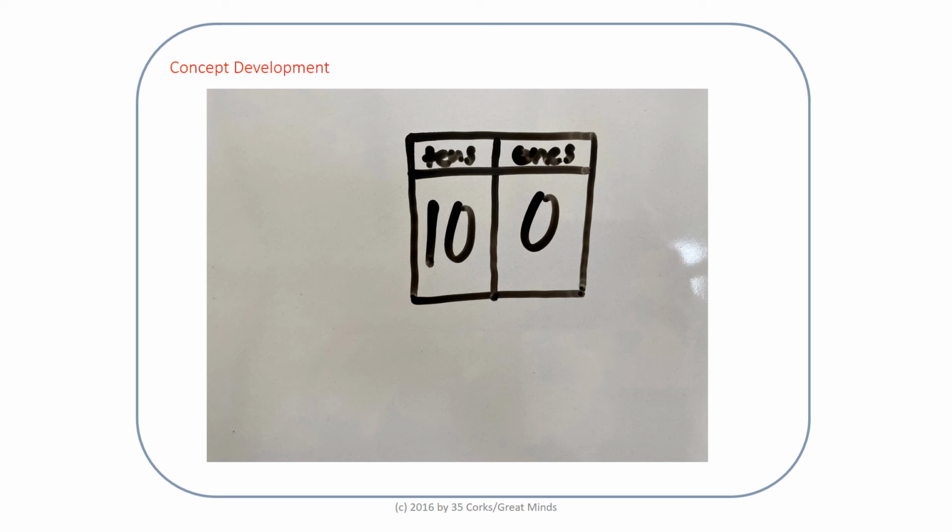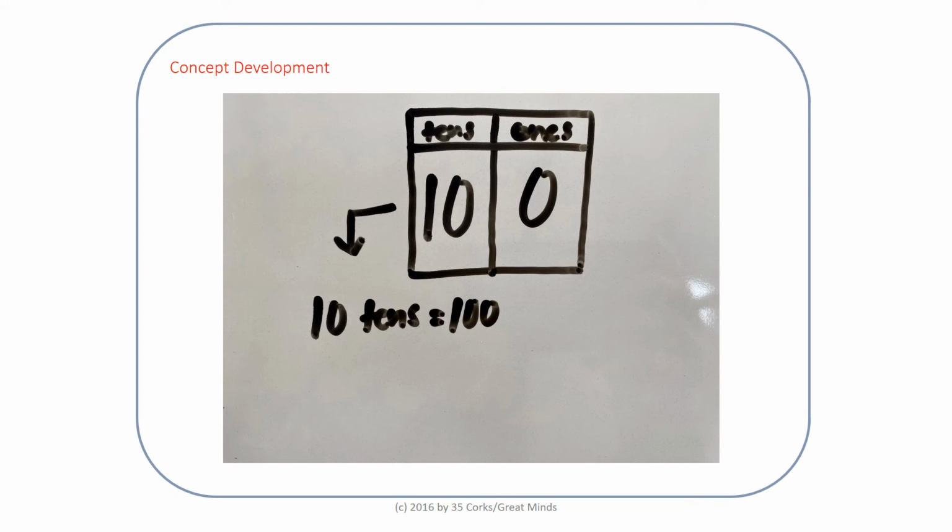This is our last one. What does the digit 10 stand for? 10 tens. 10 tens is the same as 100. Make sure you're careful with that. 10 tens is 100.